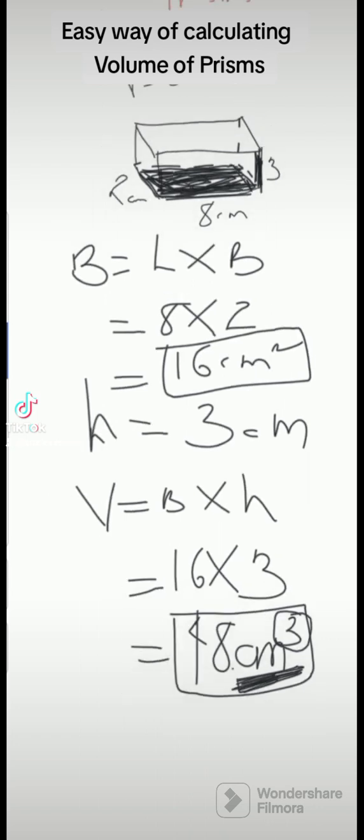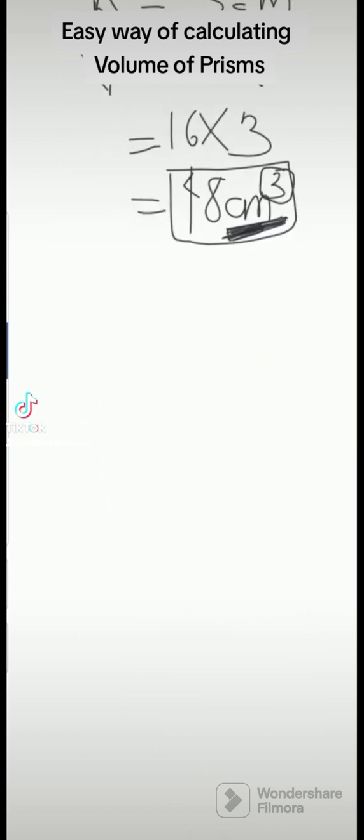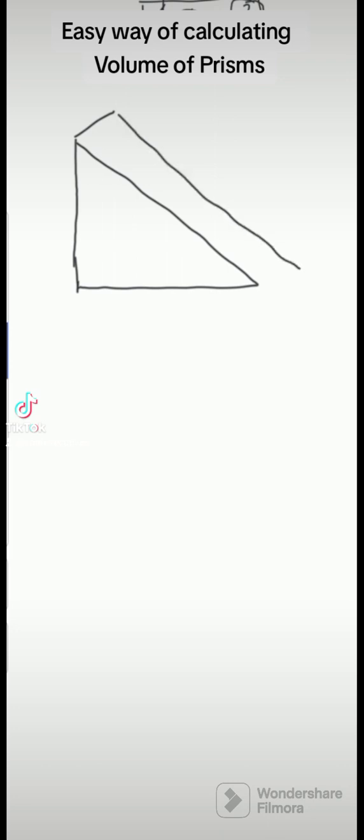Let's check out some other questions again. Now, in other questions, we might be asked to calculate, let's take a look at a triangular prism of this nature. We have a triangle like this. This is a triangular prism.